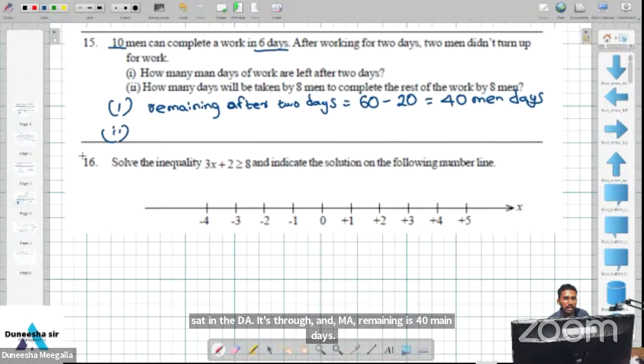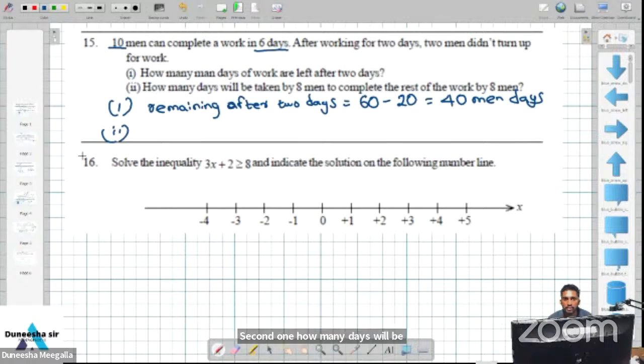Second one: how many days will be taken by 8 men to complete the rest of the work? How many man-days remain now? It's 40. By how many men is it done? 40 man-days have to be divided by 8 men.